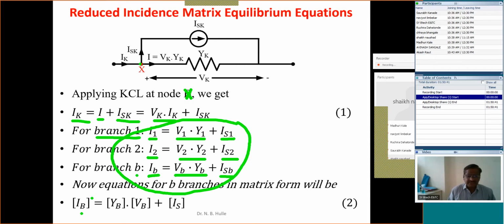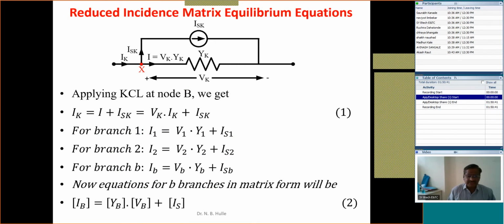Similarly, the multiplication of these two, VB into YB: this YB is the branch admittance matrix, and this VB is the branch voltage matrix, which is V1, V2, V3 and so on, these are the branch voltages. Plus IS, which is also a column matrix. Indirectly, what I mean to say is, if we organize these equations in matrix form, we will get an equation something like this. I will discuss this, which is equation number 2.